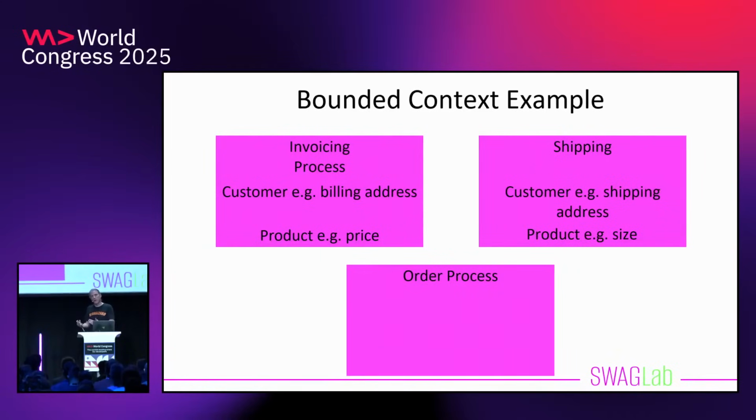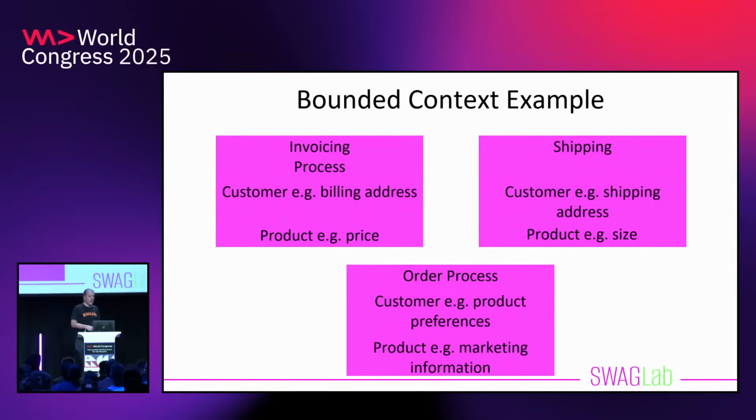Because we want to figure out how to get it to the customer, so the size and the weight and so on, that's important. And for the order process, we have a different model yet again, where we talk about the product preferences of a customer or marketing information about a product.